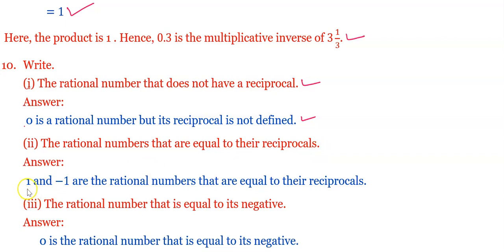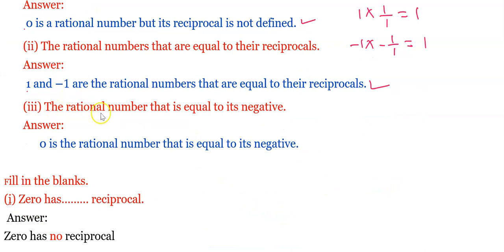The reciprocal of 1 is 1, the reciprocal of minus 1 is also minus 1, and therefore 1 and minus 1 are rational numbers that are equal to their reciprocal. That is 1 into 1 upon 1 equals 1, minus 1 into minus 1 upon 1 equals also 1.